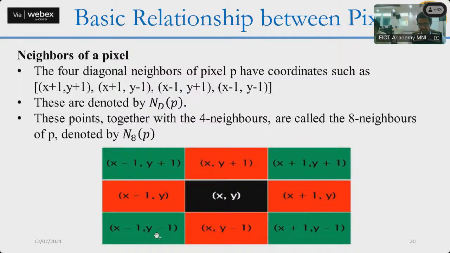Here again two values are changing. Here x plus 1, y minus 1. That is the key. So any question? What we have represented is that these points together with the four neighbors are called the eight neighbors. Remember, these four neighbors are also part of this complete neighborhood.